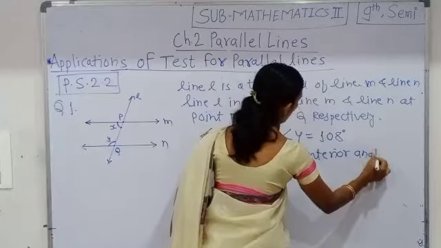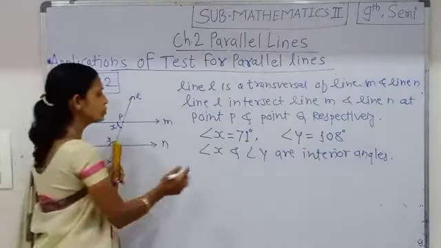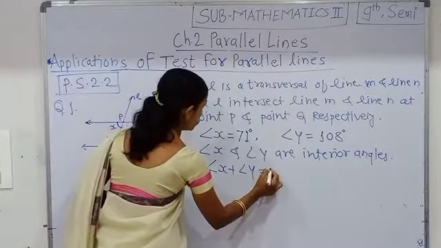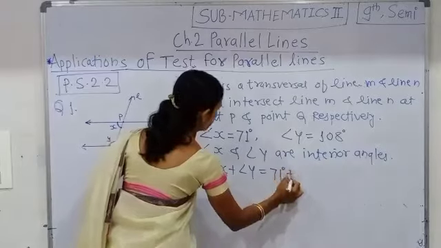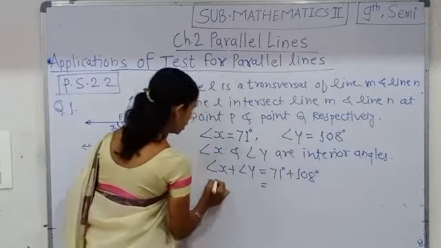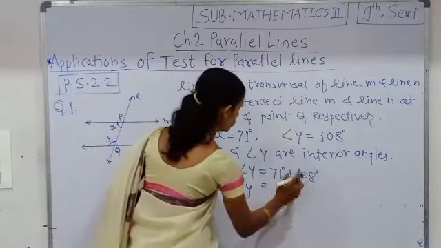The sum of those two angles, angle X plus angle Y, is equal to 71 degrees plus 108 degrees.